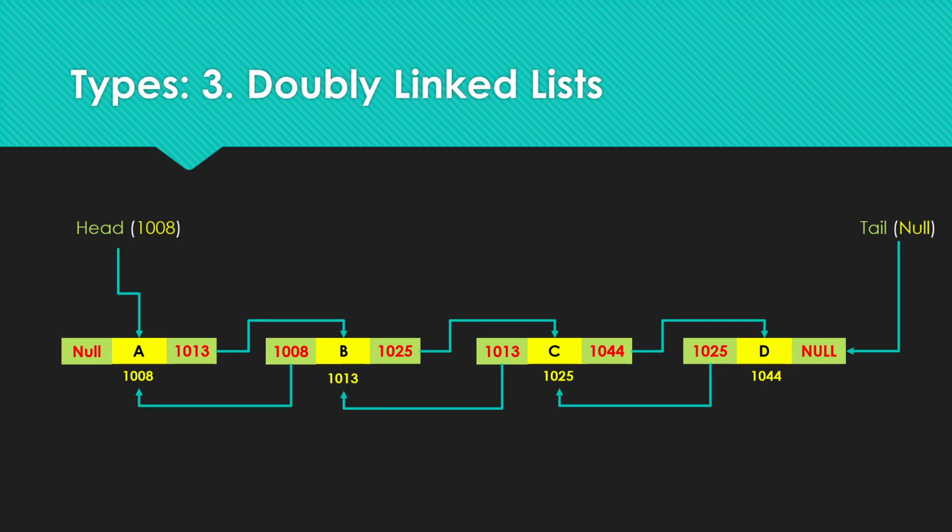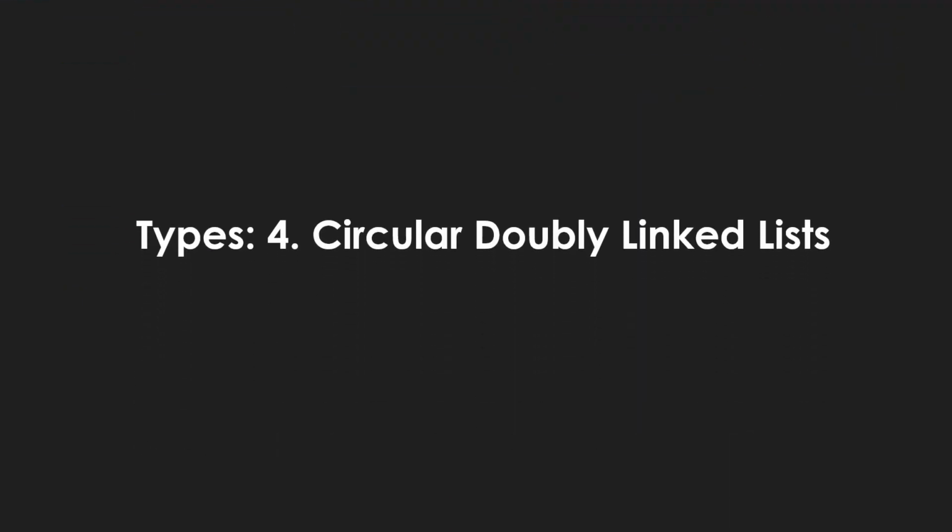When you press backwards to go to the previous page and press the forward arrow to go to the next page, they use a doubly linked list to implement that particular feature in web browsers. So that is one of the applications of doubly linked lists.